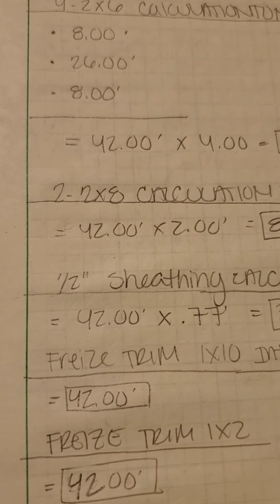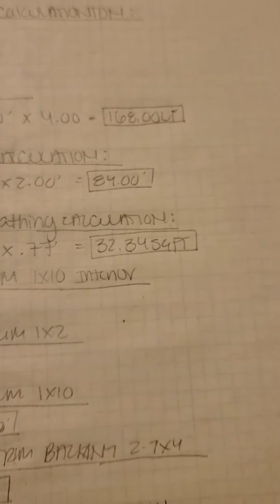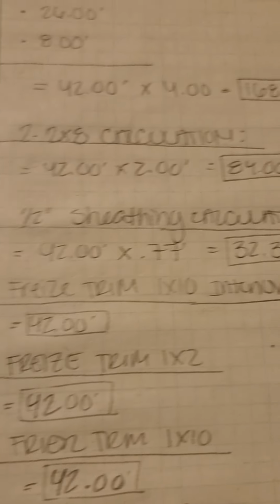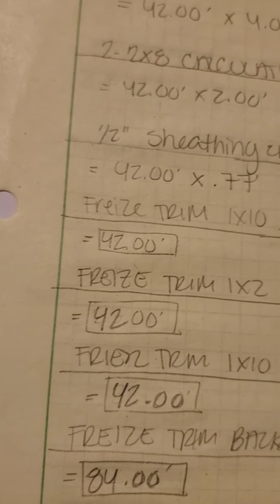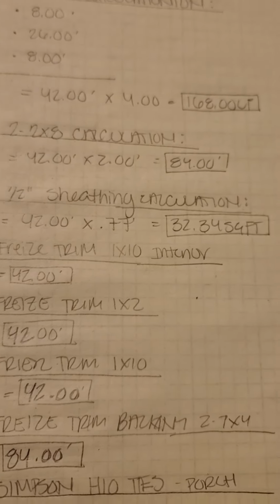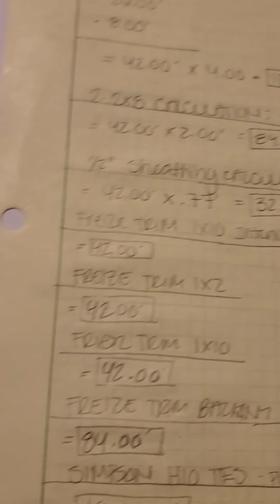I have my 8 plus my 26 plus another 8. That was my 42. Multiplied by 4 and got the 168 linear feet. My 2x8 was the same 42 multiplied by 2, and I got 84. My 1/2 inch sheathing was the 42 times the height of 0.77 feet, which again was 9 1/4 inches, and got that total square footage.